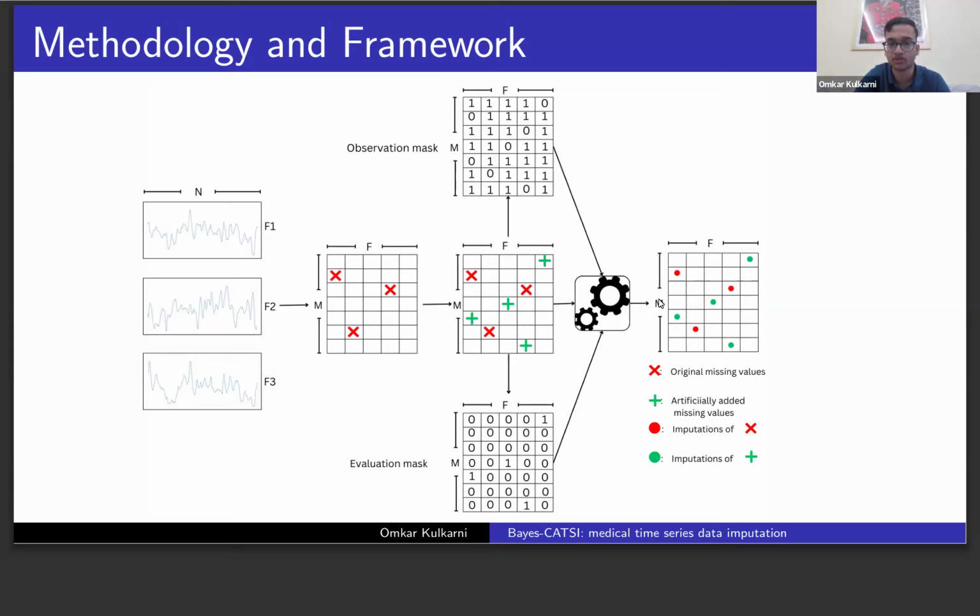The imputation model then outputs the imputed values of all the missing values. And as we see here, we use the green dots, which are basically the imputed values of the masked missing values, to evaluate our deep learning models.